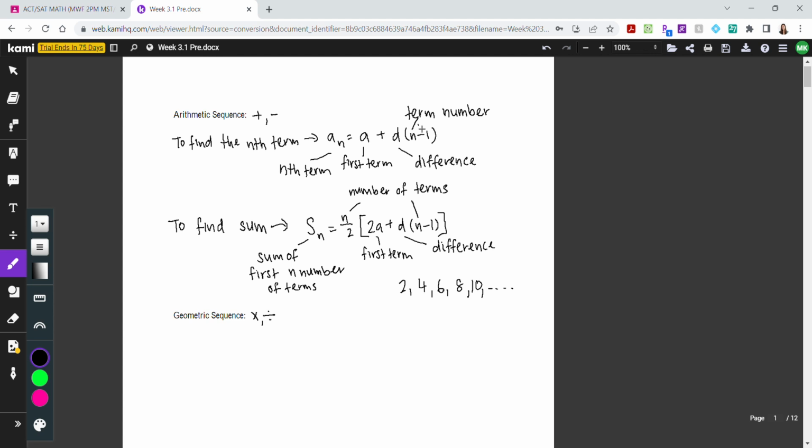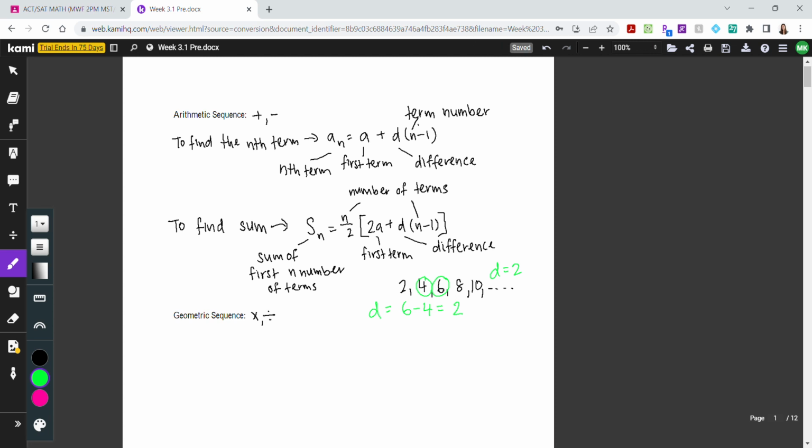If we want to find the difference here, let me switch colors. I'm going to take this number and this number. And what I'm going to do here is 6 minus 4 equals 2, which means my difference is 2. And that's what I mean by difference.